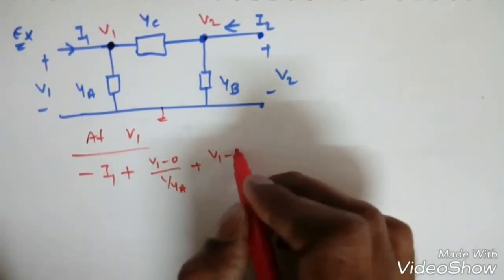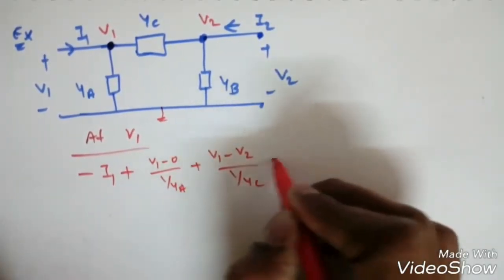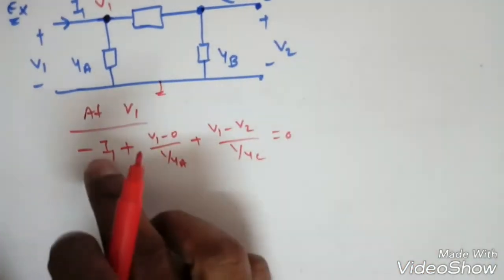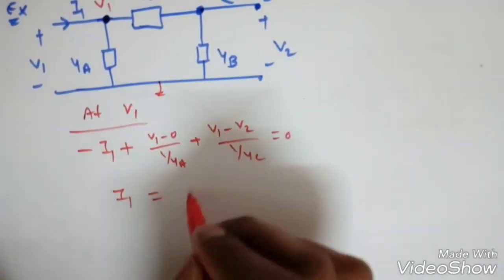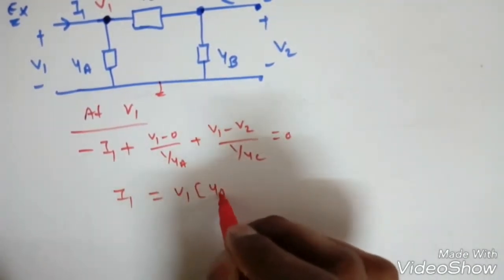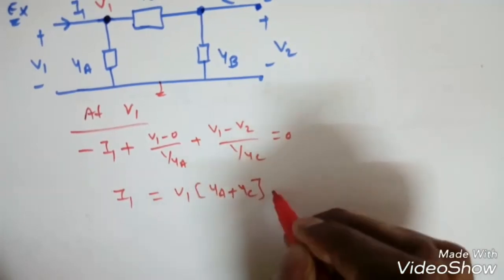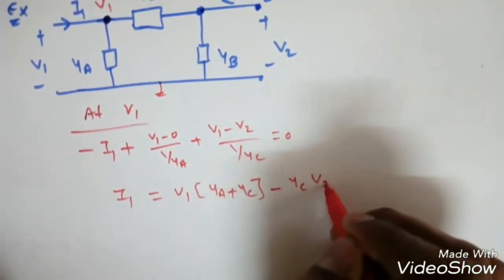Similarly, plus v1 minus v2 by 1 by yc equal to 0. Now minus I1 goes to that side, so I1 is equal to, if I take v1 common, ya plus yc, minus yc into v2.